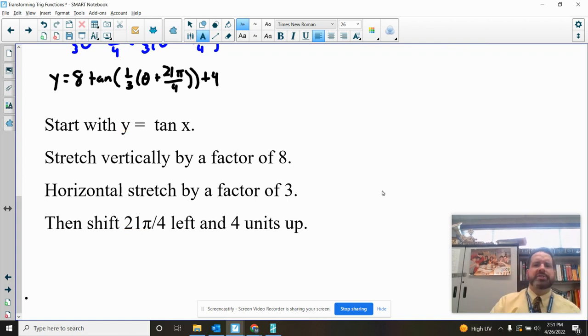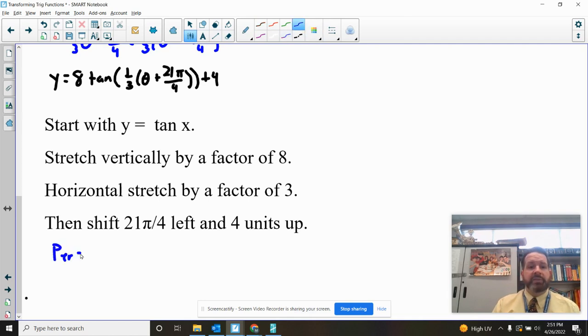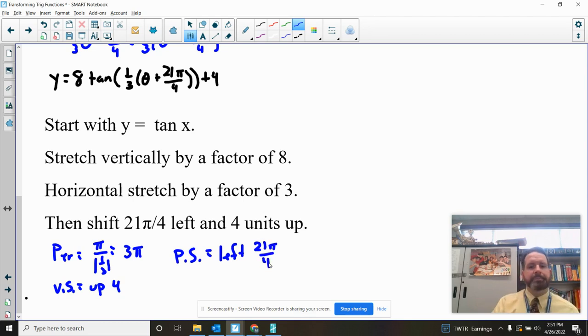Now let's answer the questions about period, vertical shift, and phase shift. So for period, start with a 1 pi this time, divided by the absolute value of b. That's going to end up being 3 pi. For your vertical shift, that's up 4. We've already described that in words. And for your phase shift, that's going to be to the left by 21 pi over 4.